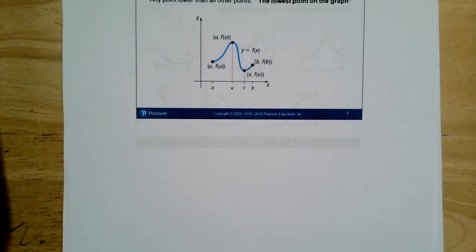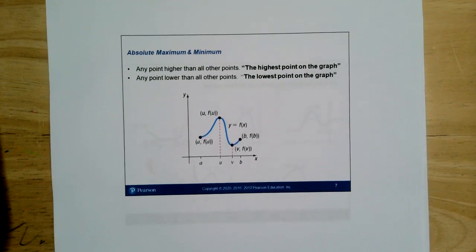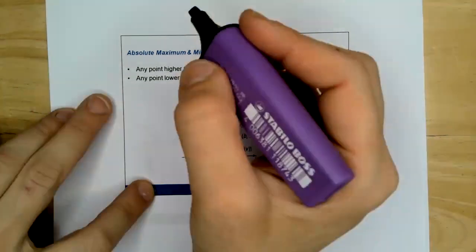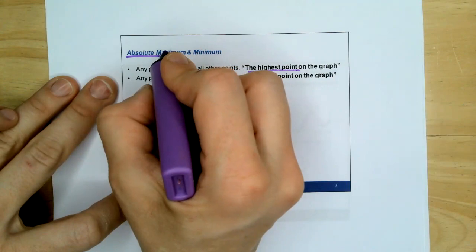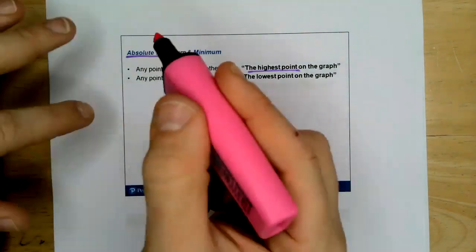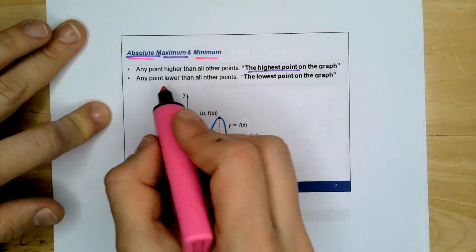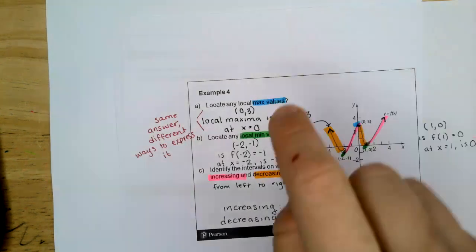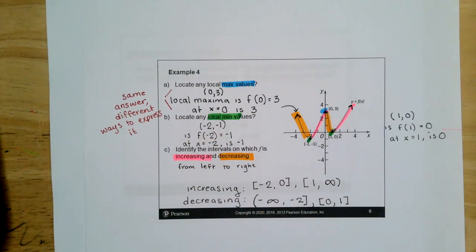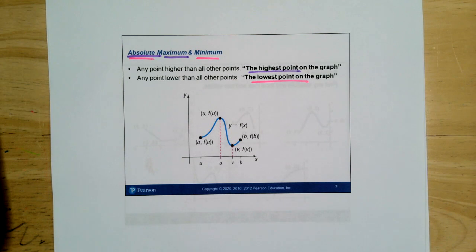Kind of the hardest part is notation. Absolute, minimum, and maximum. Any point higher than all points is absolute. The absolute maximum is the highest point. Okay? The absolute minimum is the lowest point. Good? There can only be one. Remember, for local minimums, sorry, that was my paper.